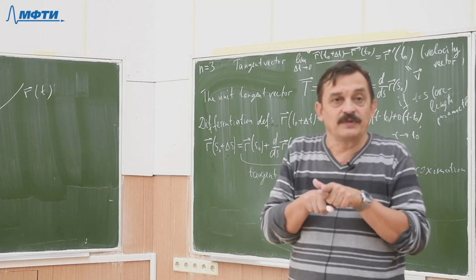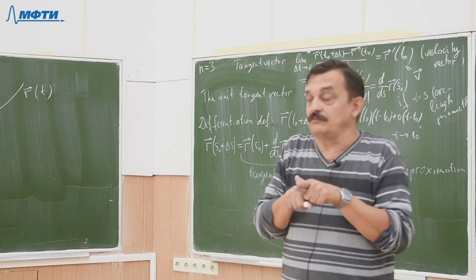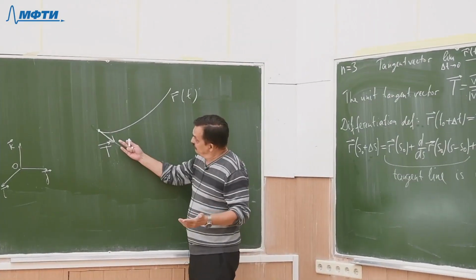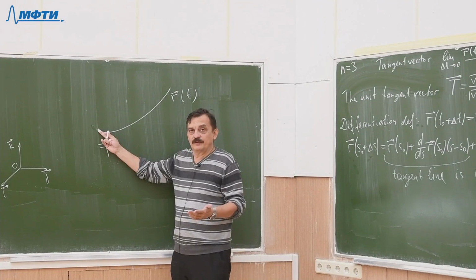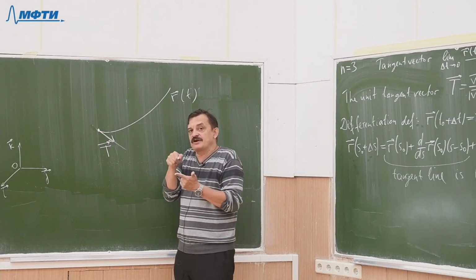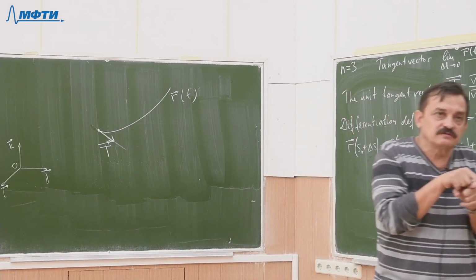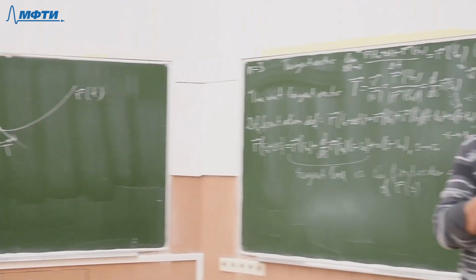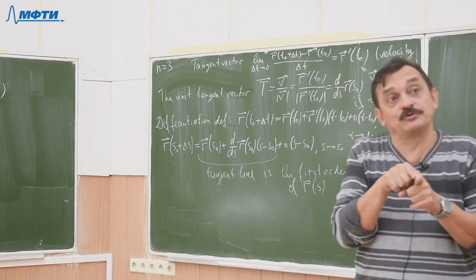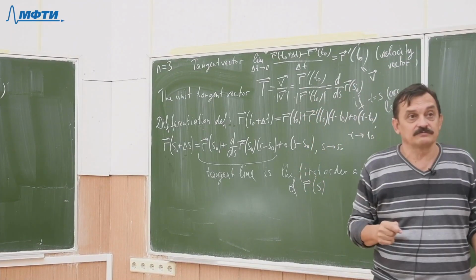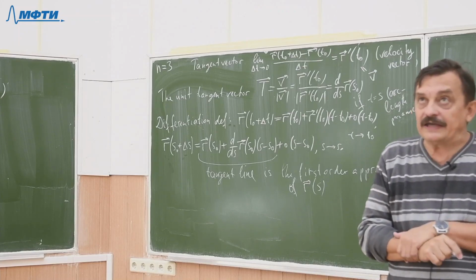That is approximation by a line. So roughly speaking, at every moment, the movement is along the line, right? Up to little o of (s minus s naught). Okay.